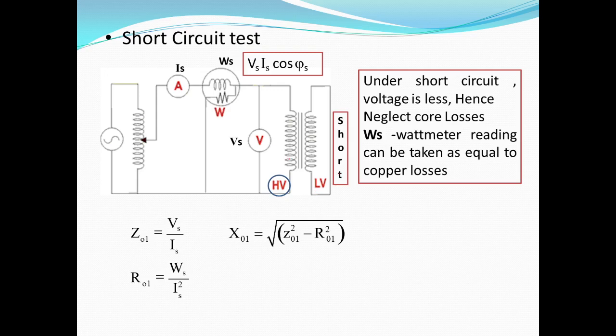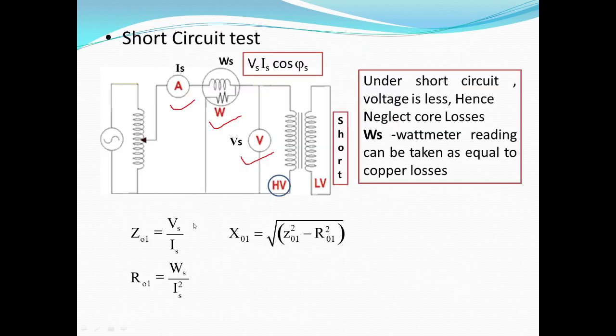The main advantage is that we can use a low range meter instead of a high rating meter. This is the main advantage of performing the short circuit test on the HV side, with the short circuit on the LV side.